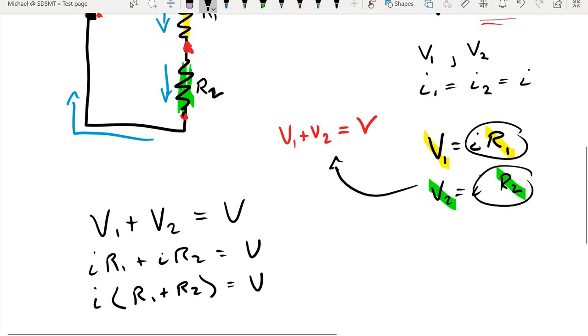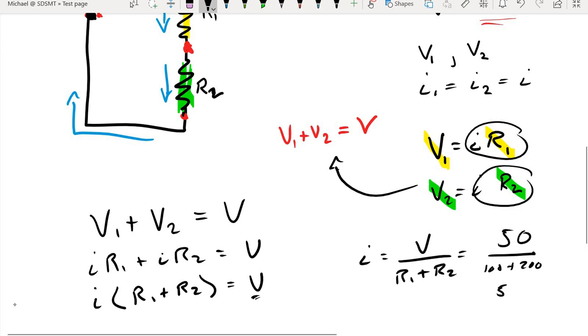And since we know what the two resistor values are, and we know what the potential of the battery is, then we can solve for the current that is running through our circuit. So we had a potential of 50, resistor 1 was 100, resistor 2 was 200, so I have 50 divided by 300, which is going to be 1/6 of an amp.